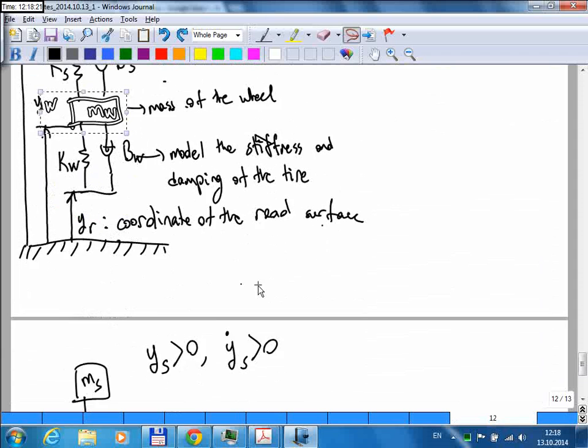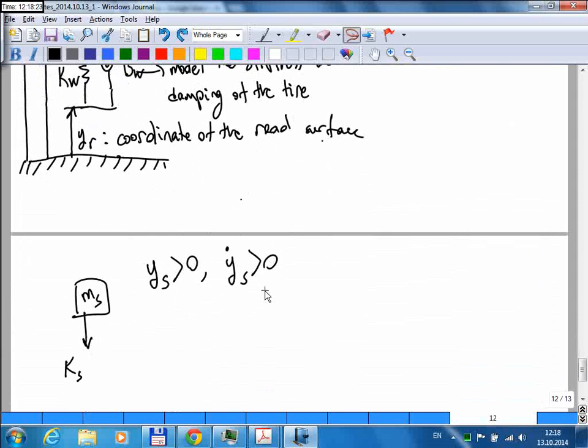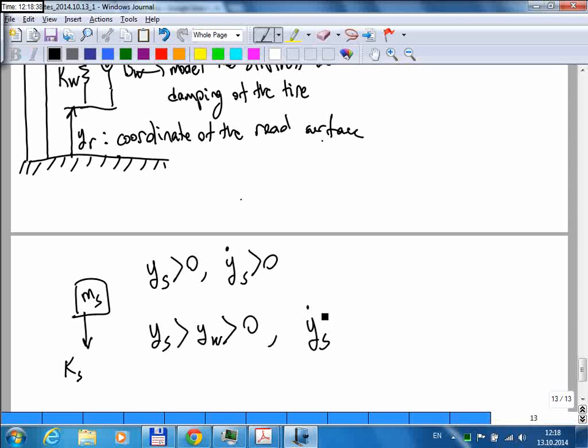So in addition to this, I need to make additional assumptions here. So let me say that ys is greater than yw, and that is greater than 0, and also ys dot is greater than yw dot, which is greater than 0. Now I can write the spring and damper forces.